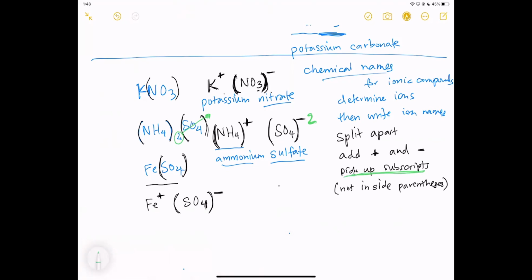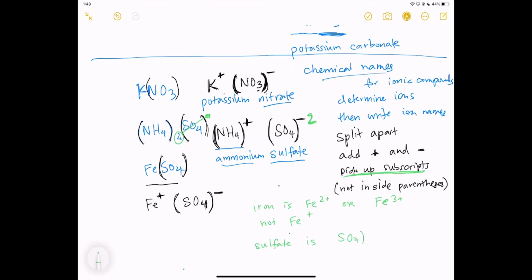The problem is that iron has 2 possible ions. If you look on your polyatomic ions cheat sheet, iron is either 2 plus or 3 plus. Well, this is not Fe1. Okay, and also sulfate is on your polyatomic ions list.